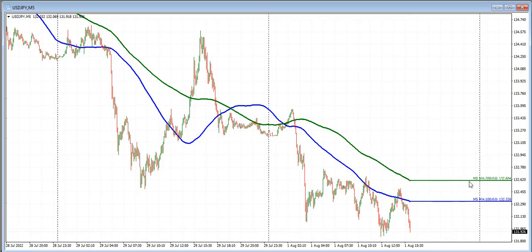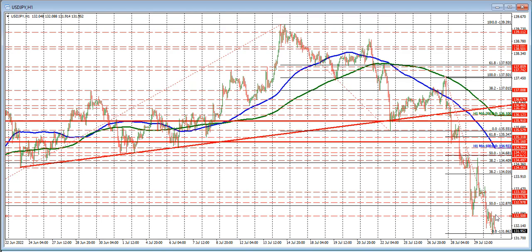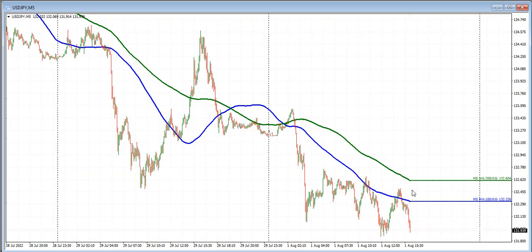The falling 200-hour moving average comes in at 132.60. That's a bit higher than the 132.55 level that I saw on the hourly. So anyway, watch the 100 bar moving average, get above that on the 5-minute chart, and we could see a rotation toward the 50 level. But until then, the sellers are more in control here for the pair.